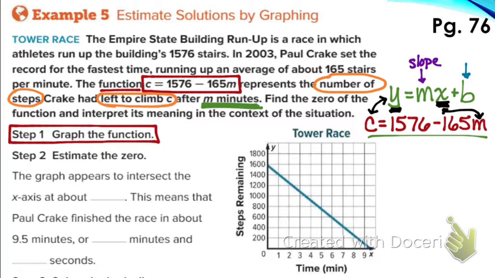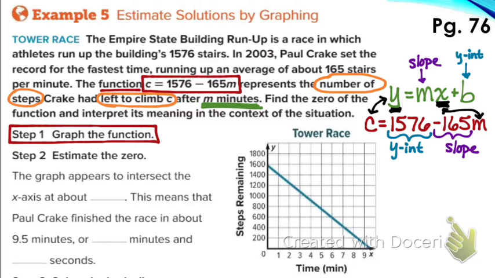When they have something written in slope-intercept form or it looks very similar to slope-intercept form, your y-intercept is always going to be the number that does not have a variable with it. So here's my y-intercept. The number that has a variable with it is our slope. This part right here. When I go look at the graph, where's the y-intercept on the graph? Almost at 1600.